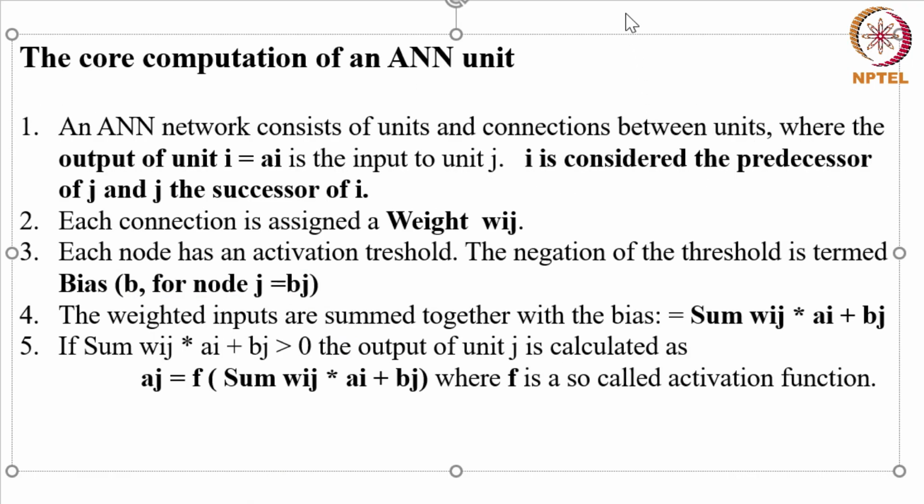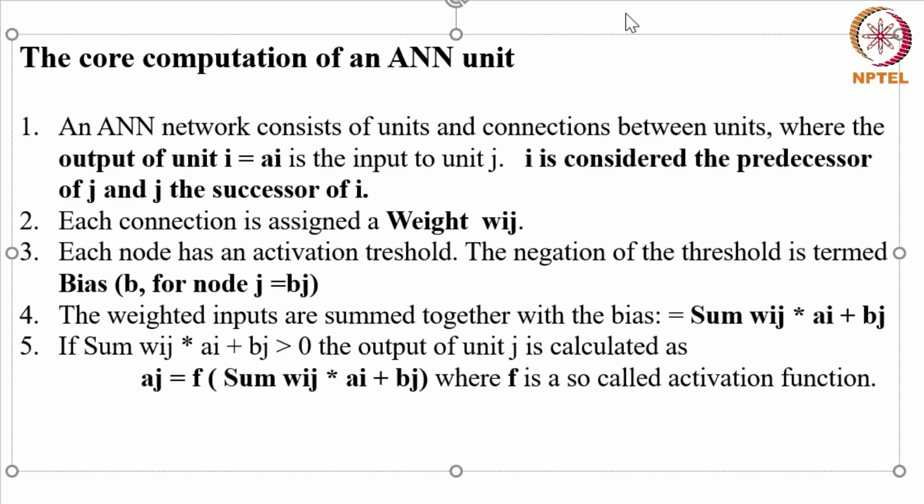As the functionality of an ANN unit is very important for the understanding of the whole representation scheme, let us repeat it. If we have an output of a unit i, let's call it a_i, this normally becomes the input to another unit j. So i is considered the predecessor of j and j the successor of i.